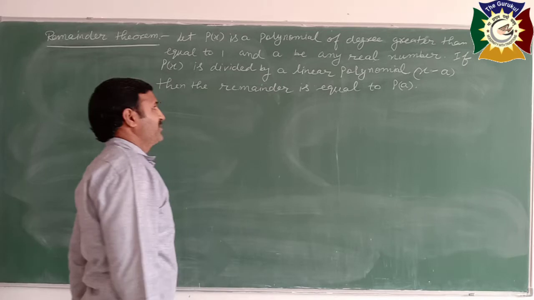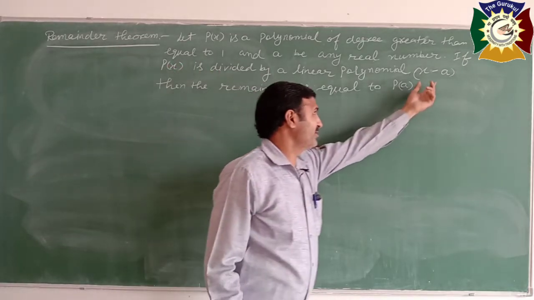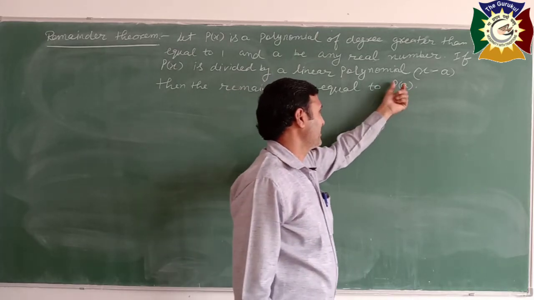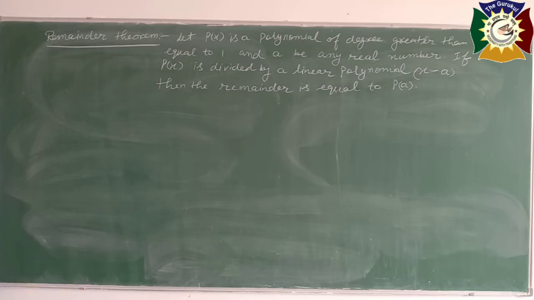This is the remainder theorem. When a polynomial p of x is divided by a linear polynomial x minus a, then directly we can find the remainder by this p of a, on putting the value of x as a in the given polynomial.